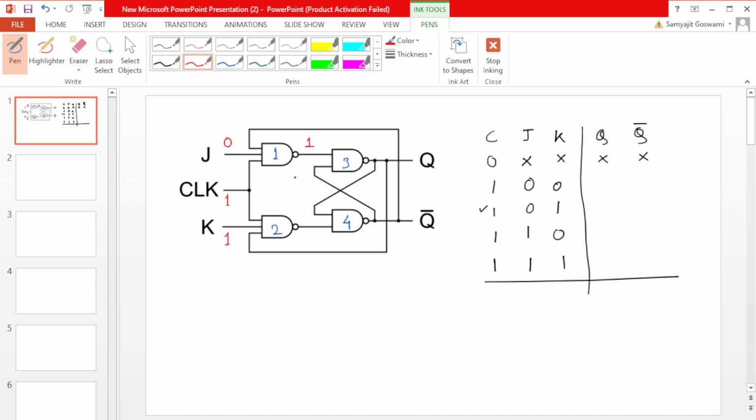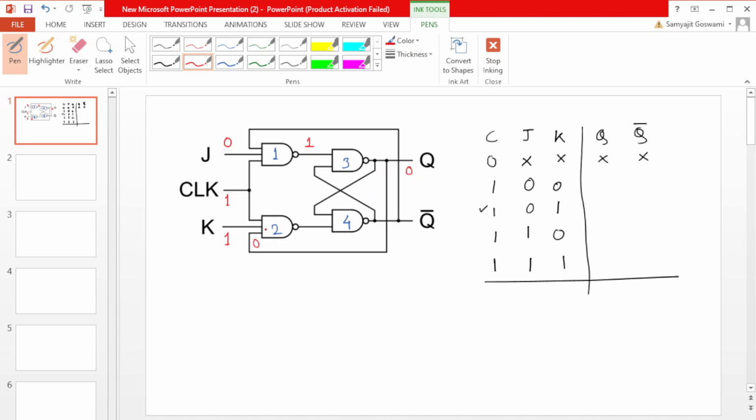We will not see the other input because one input is 0. In gate number 2, two inputs are 1 and 1, so we have to check the other input. Here we consider that Q's previous condition was 0.